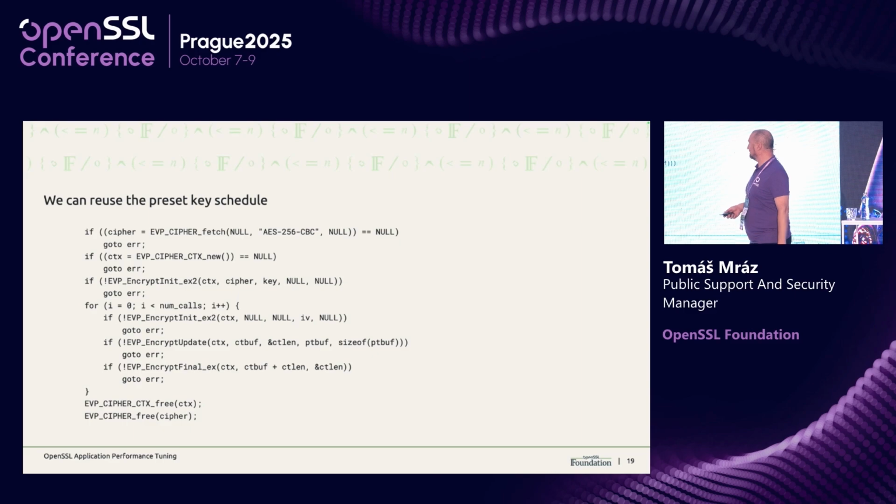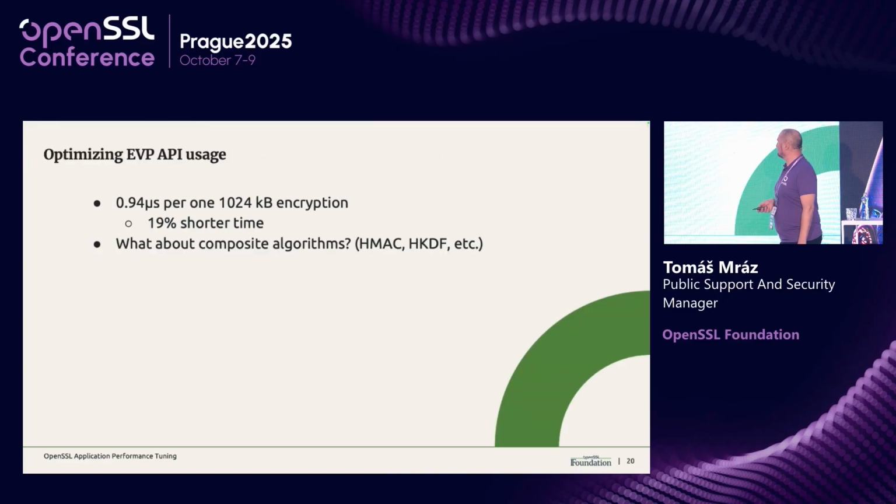We can split basically the call into 2 separate calls, and this will work correctly. Of course, we need to set the IV, otherwise this won't be secure, or we need to have a different IV for each of these encryptions. So what's the improvement? Now 0.94 microseconds, 19% improvement, 19% shorter time.